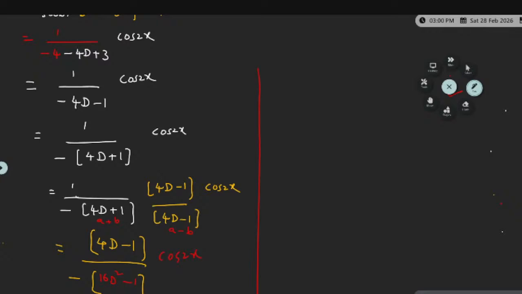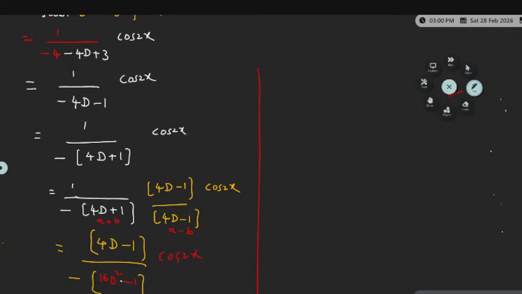If you have any doubt in those steps, I will explain. What is the rationalization of this term? 4D minus 1 by 4D minus 1. 4D into 4D, 16D square. 1 into minus 1, minus 1.